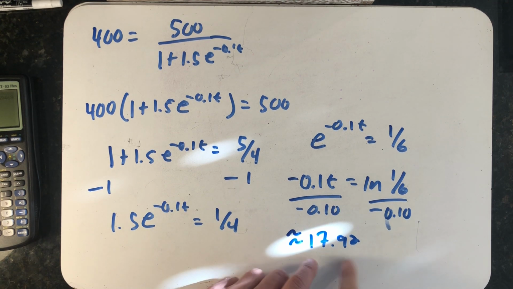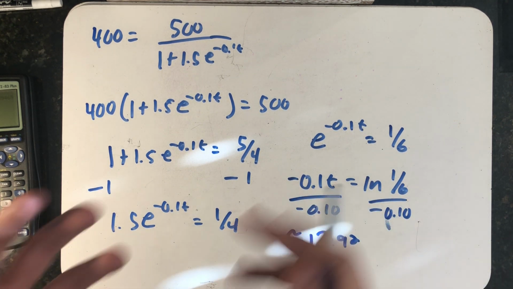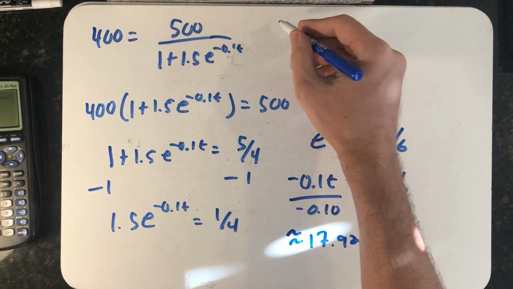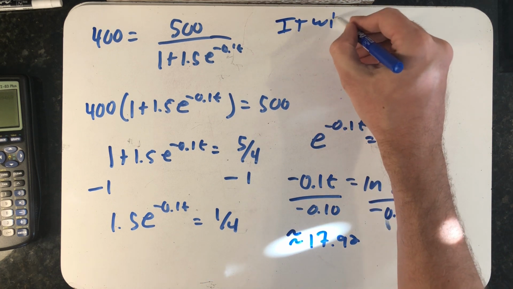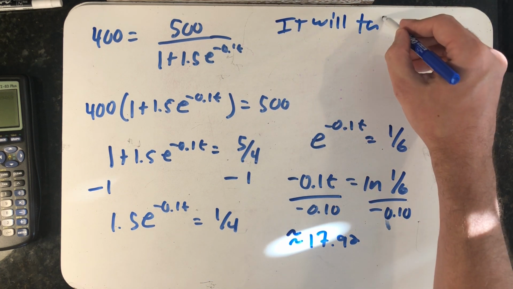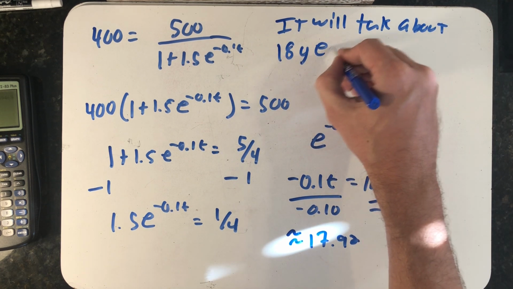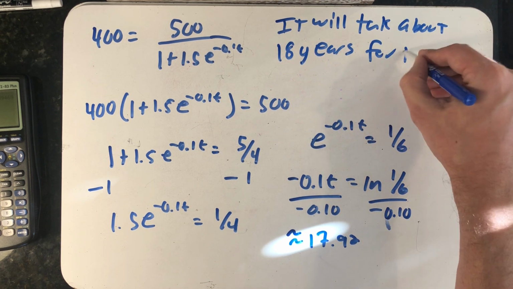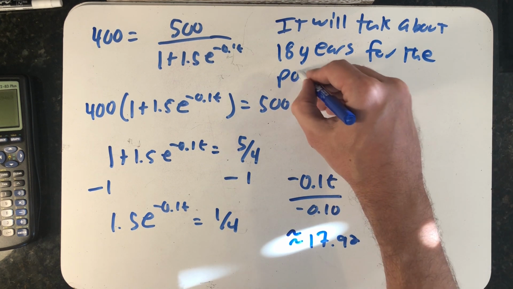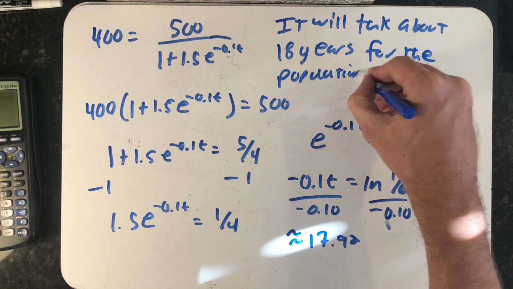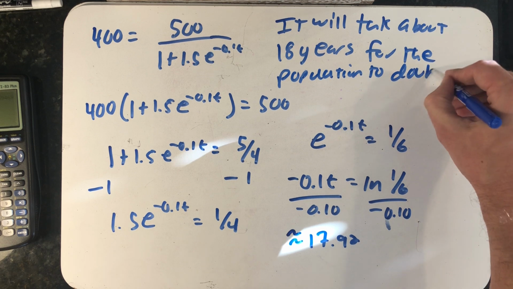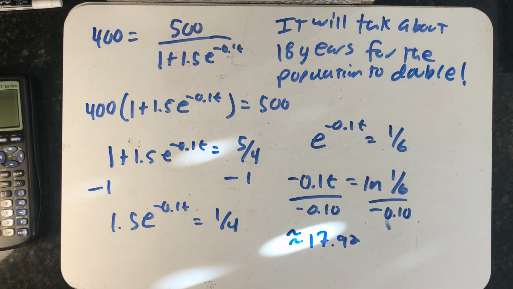And so I'm just going to go on and say it's pretty close to 18 years to be the doubling time. So it'll take about 18 years for the population of deer on the island to double.